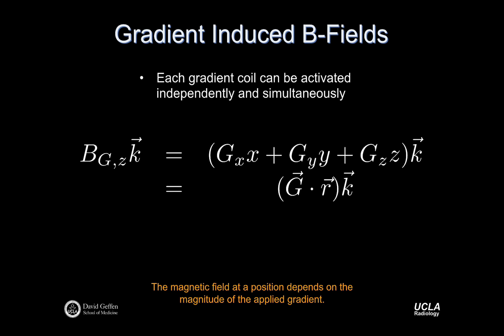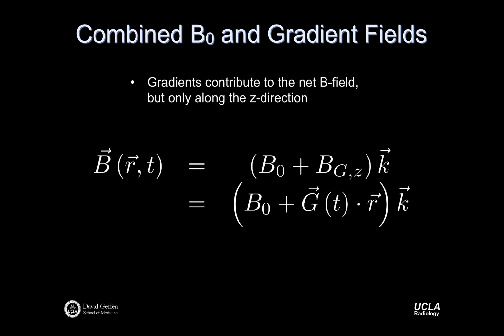And we've said it a bunch of times at this point, but the B field that you can generate as the dot product of the gradient vector and the position vector is always going to point along the k direction. I guess it's just adding the two fields together, right?